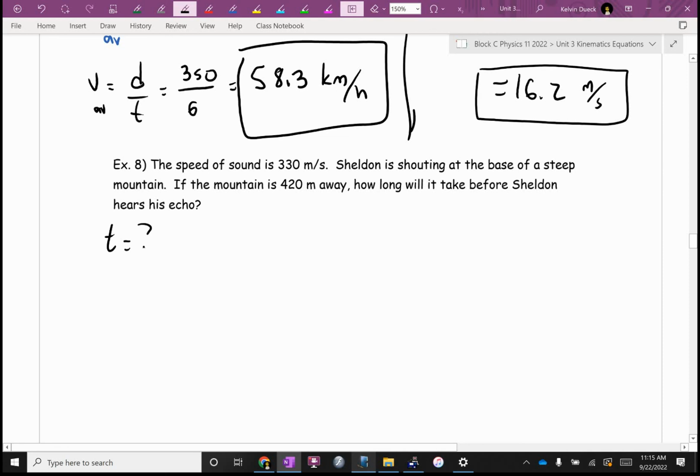So Taya, I'm going to read through this question looking for numbers and physics words. The first thing I see is that 330. What are the units next to that 330? What must it be a measure of? Is it a distance? Do I measure distance in meters per second? No. What is it a measure of?